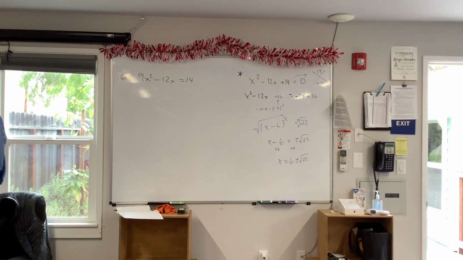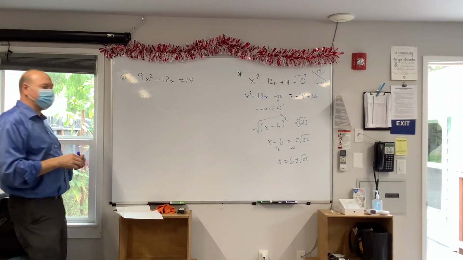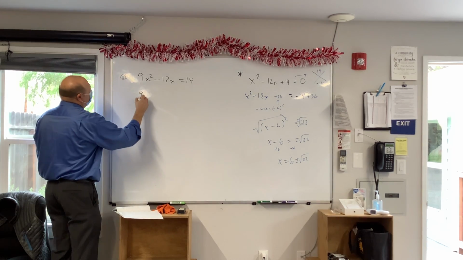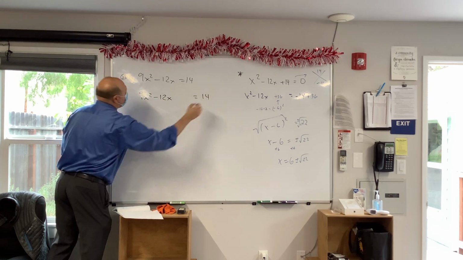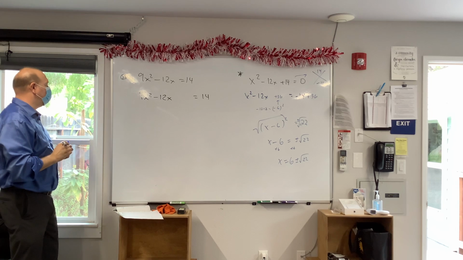Okay, what makes it difficult is the 9 in front. That 9 is not very nice. So, we got our space. So let's do this one together. Leave a little bit of space, move the 14, make sure we've got that.